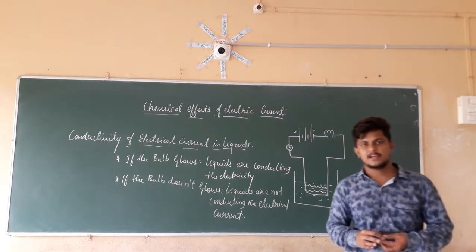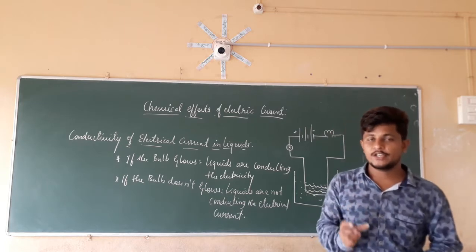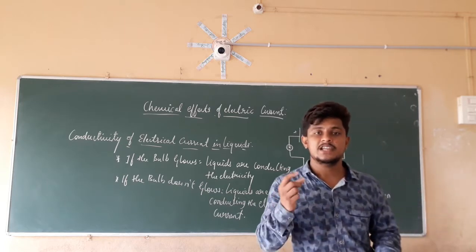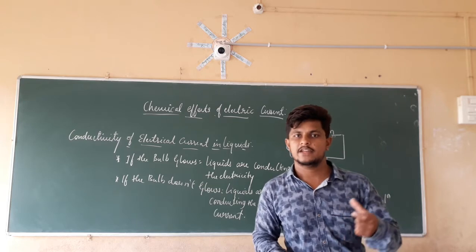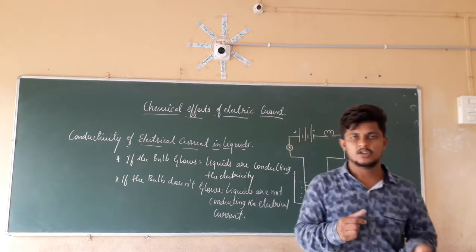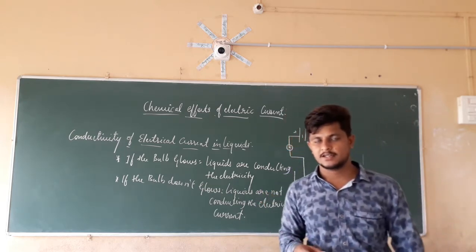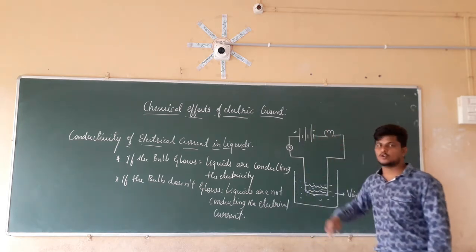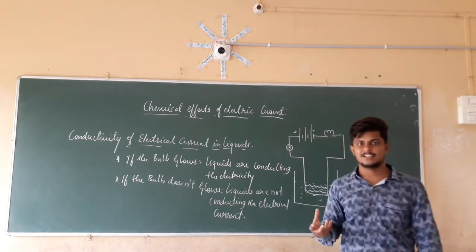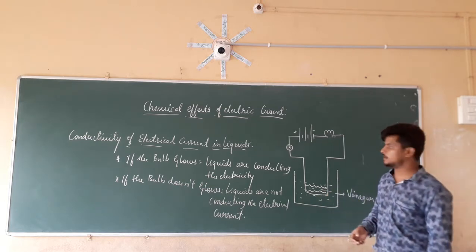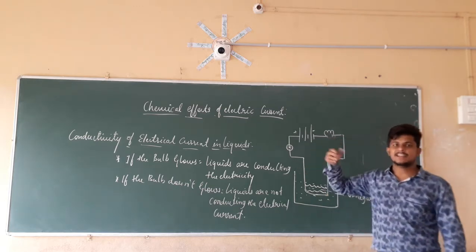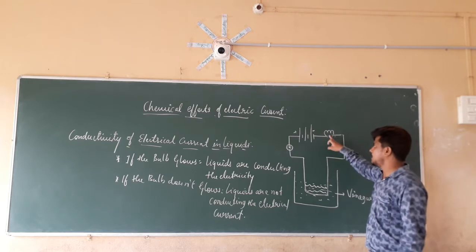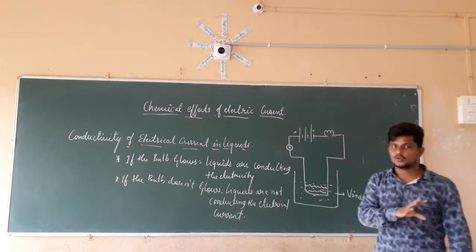In the same manner, some liquids conduct electricity in a very weak amount. For the bulb to glow, it requires more electricity for the heating effect. Not getting the required amount of electricity, the bulb is not going to glow.